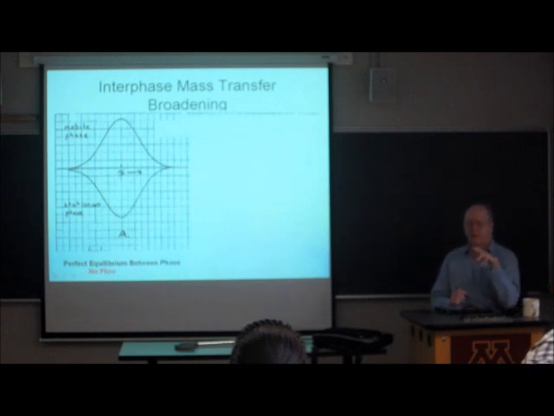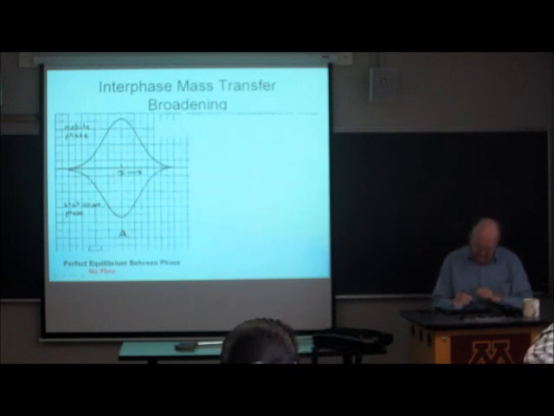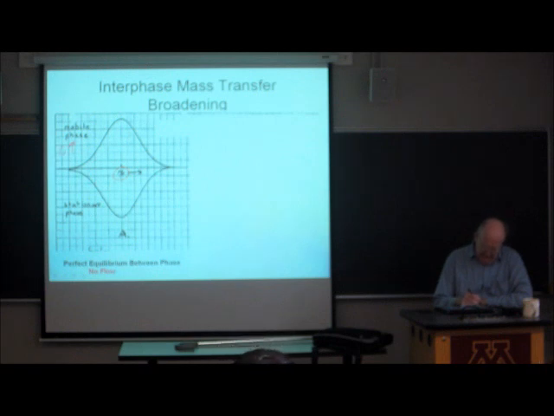So if we then made a plot of concentration versus distance along the column, higher concentration in the mobile phase goes up, and higher concentration in the stationary phase goes down.